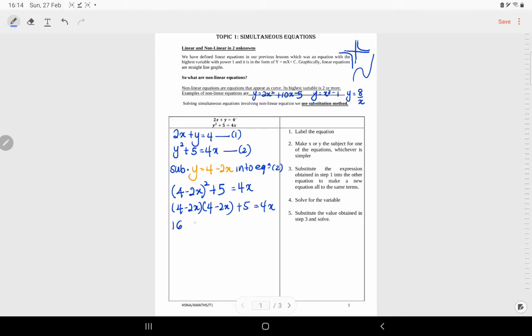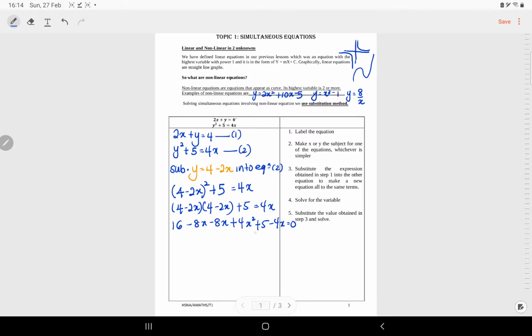So that should be 6. So if we expand it, that should give you 16 minus 8x minus 8x plus 4x squared plus 5. Okay, if I bring the 4x to the left hand side, so minus 4x equals 0. On the right side will be nothing, so I put 0.